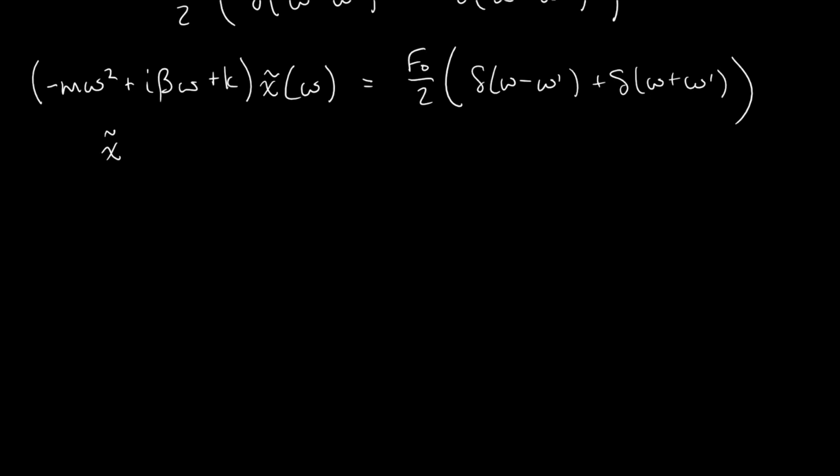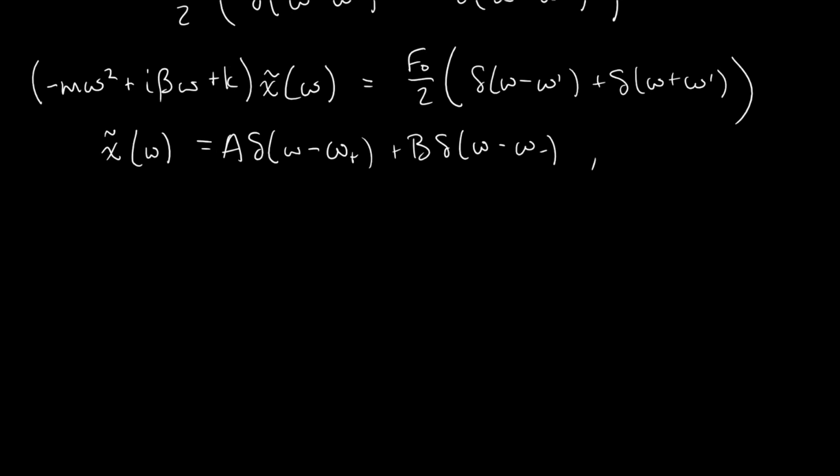I know that if I choose this function for x, omega minus plus, where this omega plus minus is all this i beta plus square root of 4km minus beta squared, all this nonsense over 2m, I know that if I plug this in for omega tilde, I always get 0 on the left-hand side.